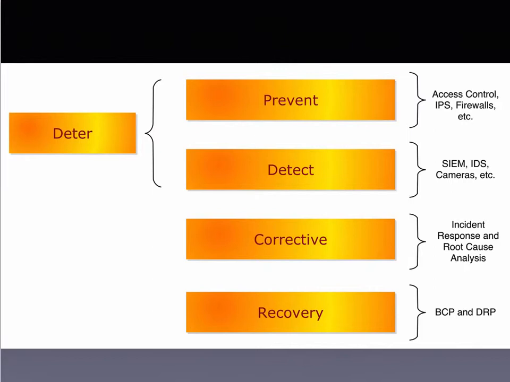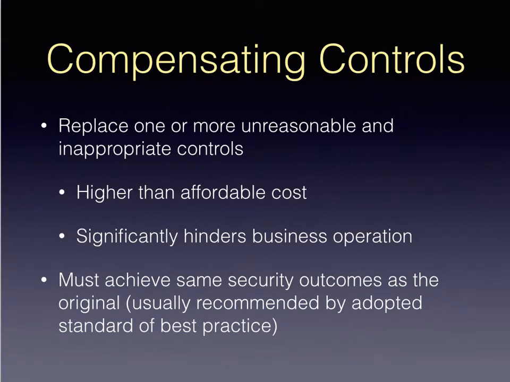And finally, we have compensating controls. Compensating controls are used when one or more controls are not reasonable and appropriate for an organization. They can be too costly or they can hinder business operation. In other words, they cost more than they're worth.